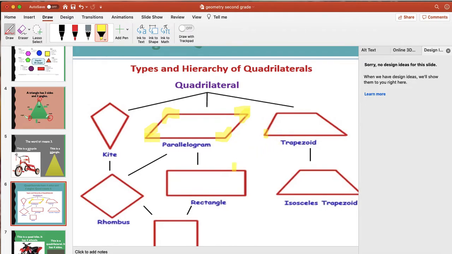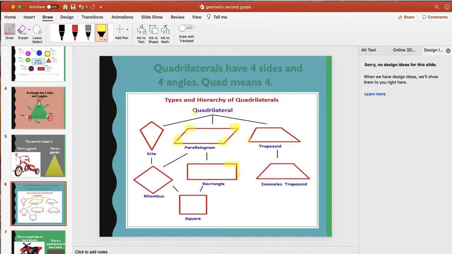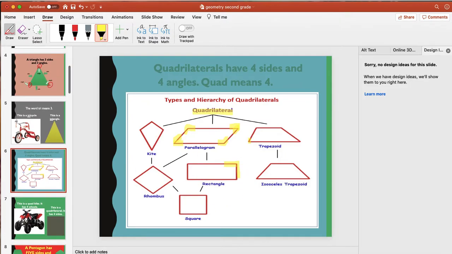And as you can see with the rectangle, some of them have a larger angle, some of them have a smaller angle. But just know that a quadrilateral, that's a family, and all of its members over here have 4 sides and 4 angles.